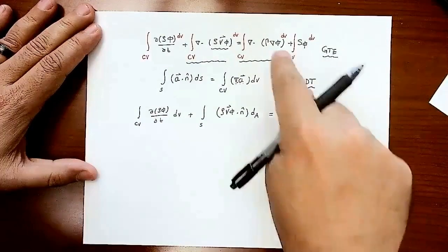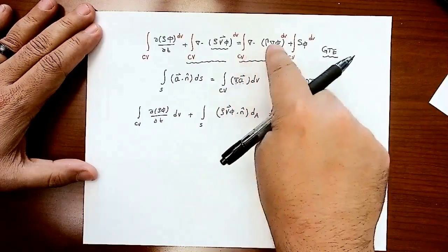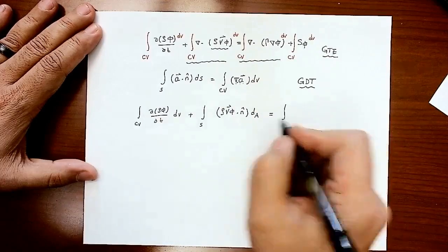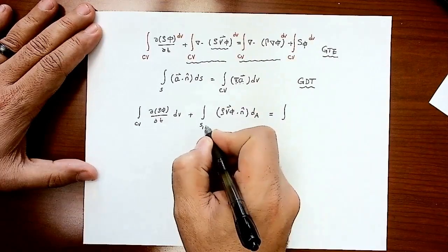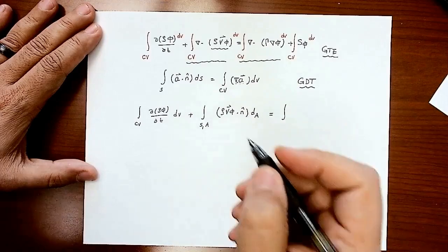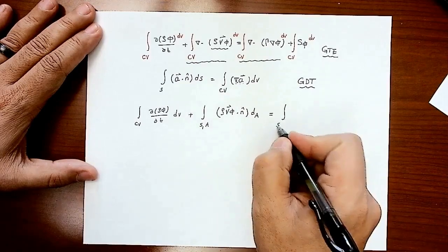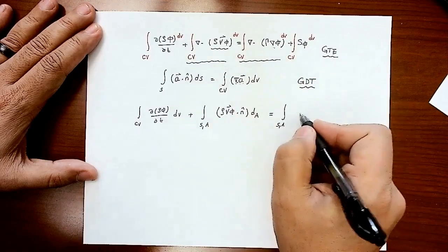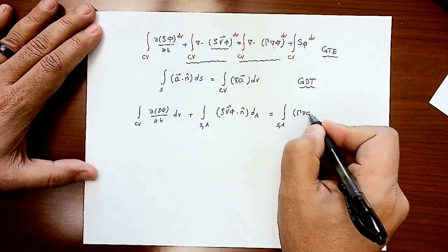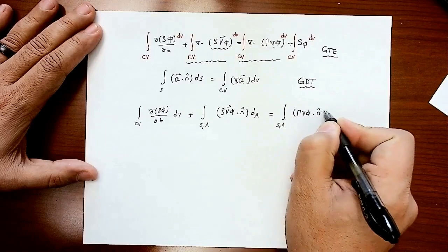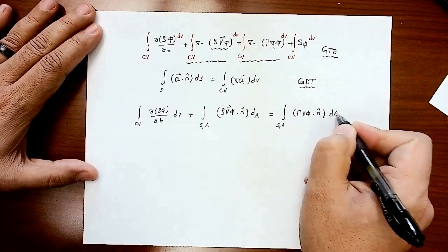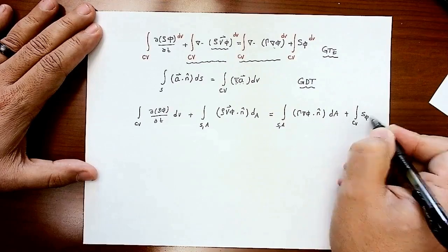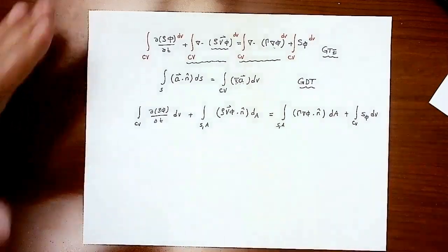It equals, same here, nabla dot vector field, calculated by the integration over the surface area of kappa nabla phi dot n dA, plus the integration over the control volume of the source term dV.